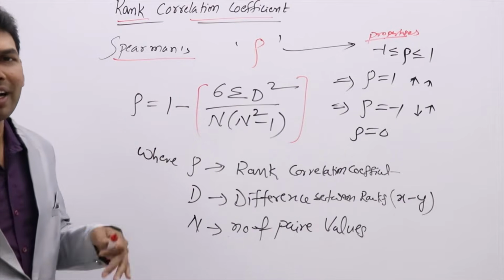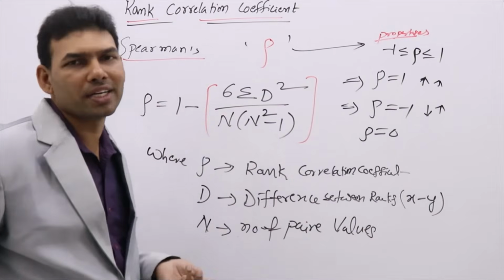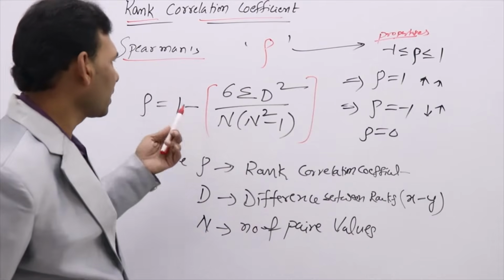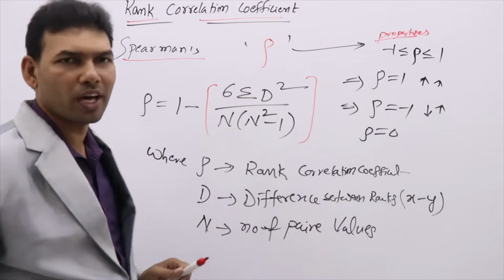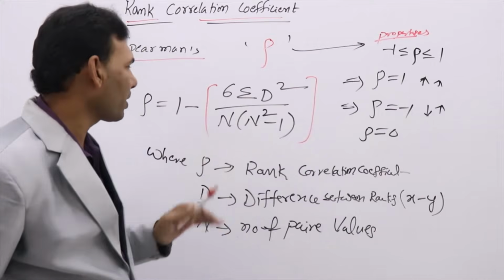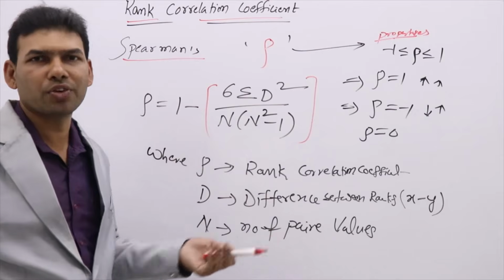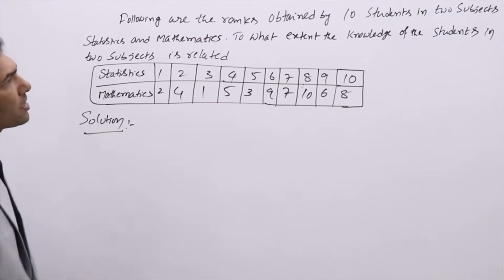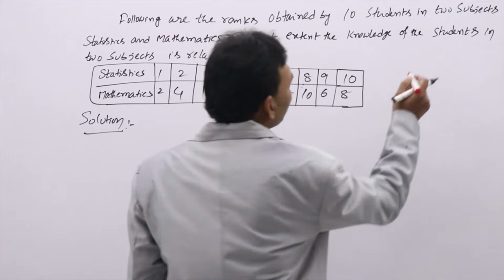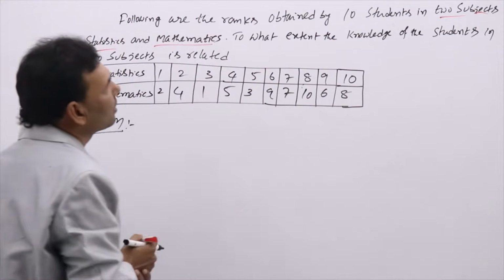Whenever ranks are given, or whenever you need to find the rank correlation coefficient using ranks, we are going to use the formula 1 minus 6 sigma d square by n into n square minus 1. We will discuss a few problems on this concept so that you can understand. The following are the ranks obtained by 10 students in two subjects, namely statistics and mathematics.